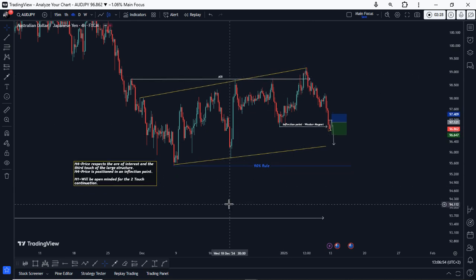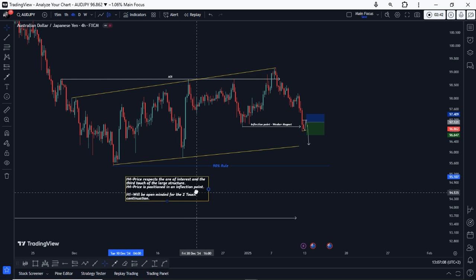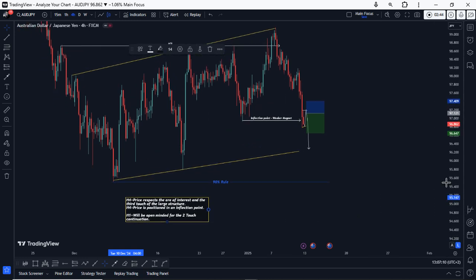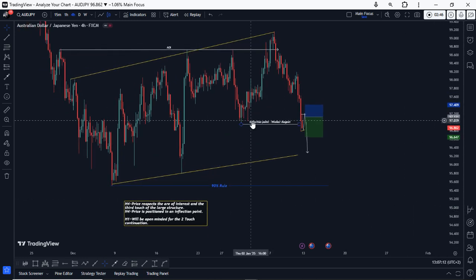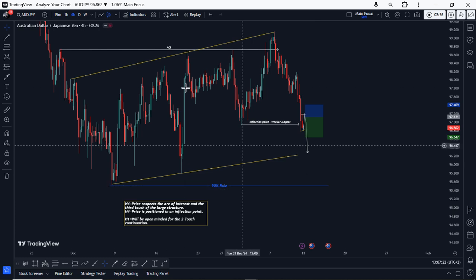Price respects the area of interest and the dead touch of the large structure as it comes back into structure, and then price is positioned in an inflation point. So at most, we will be getting a continuation here. It is an indication for price taking a breath in order to shoot towards the 90%.